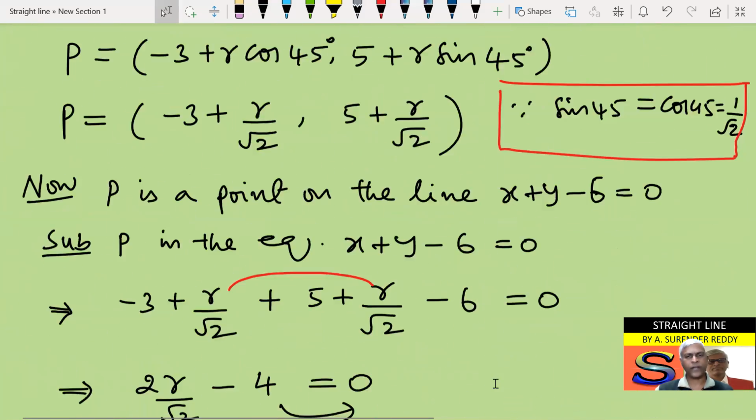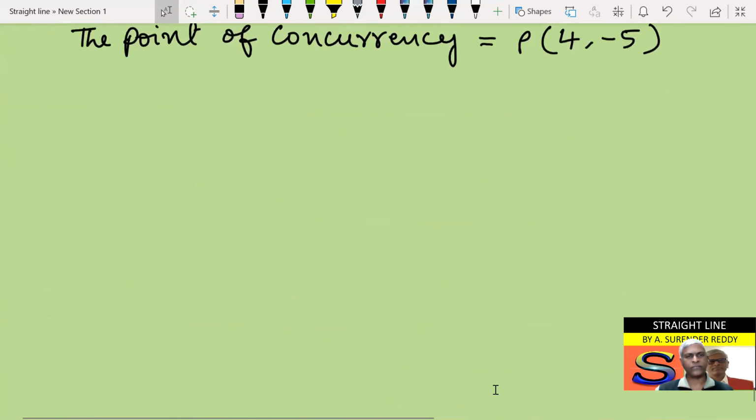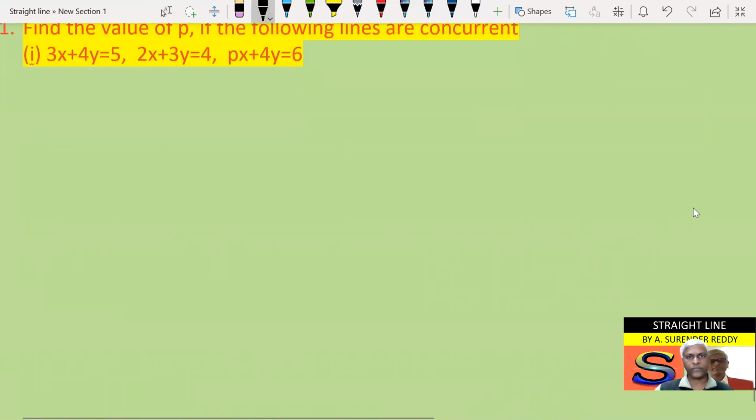Then substituting the point in the third equation, you will get the value. Already it is given that the lines are concurrent, so you can find the unknown value. The method is the same: finding the point of concurrency of the first 2 equations, and substituting the point in the third one.